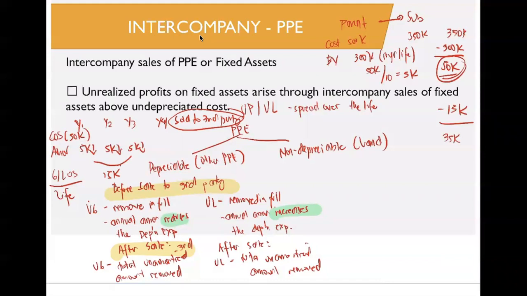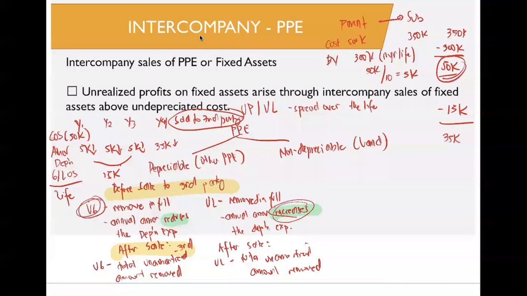After sale to the third party, the total unamortized amount will be removed. So you will decrease the depreciation expense, or recognize an additional gain, of 35,000. The amortization decreases the depreciation in case of unrealized gain; unrealized loss increases it.